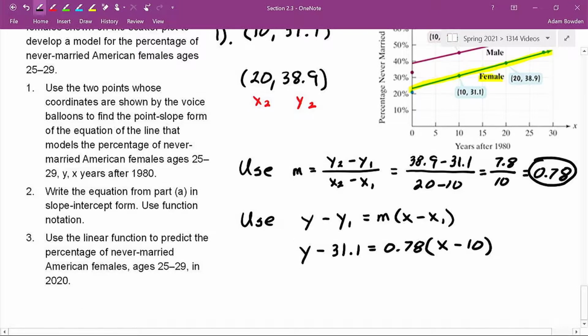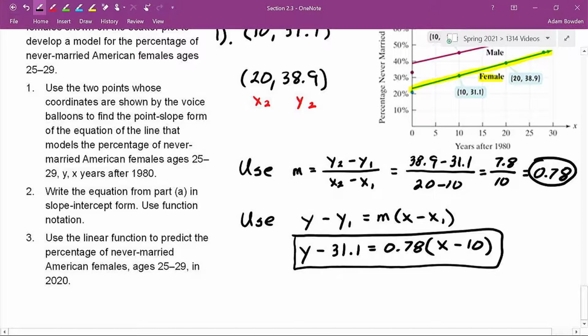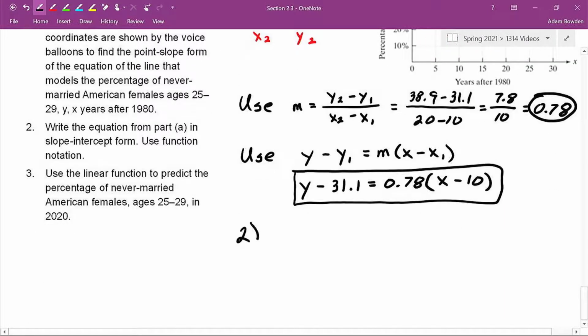So for the first part, that's just getting the point-slope form for the equation of the line. We're going to take the equation of the line that we have and write it in slope-intercept form. And we're also going to use function notation when we're done. So what we need to do now is solve what we just wrote for y.